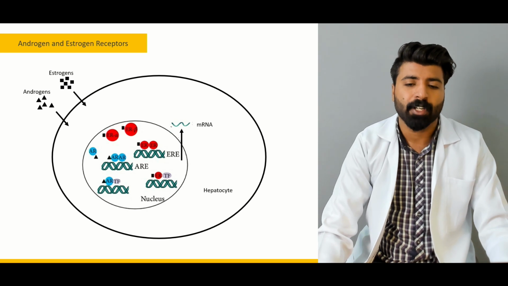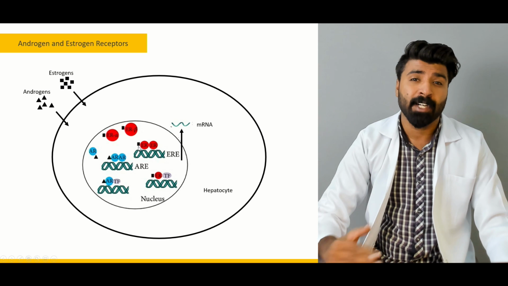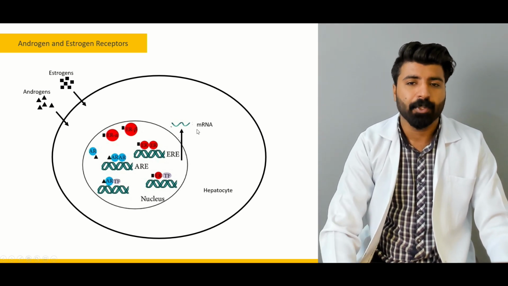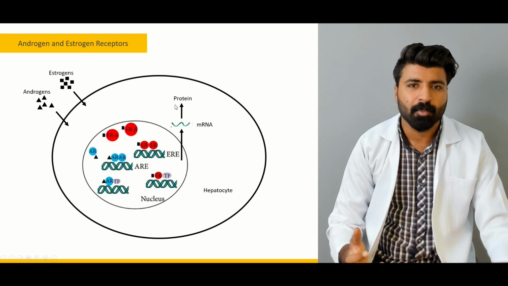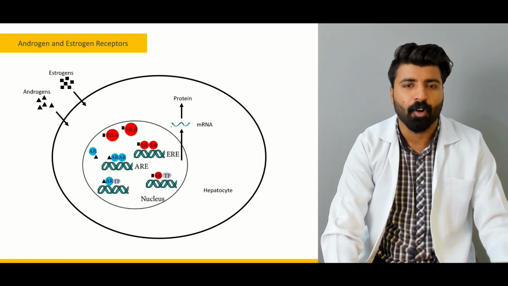So we talked about it. Out of these androgens and estrogens binding to the chromosome with their ligands, messenger RNA will be produced. That messenger RNA will lead to the formation of protein. A lot of amino acids will be forming in, and the amino acids will combine together and a protein will be formed.